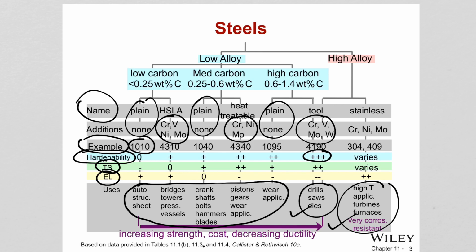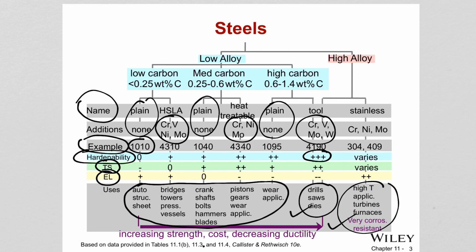As we move from left to right, we are seeing alloys with increasing strength, increasing cost, and decreasing ductility. So stainless steels or tool steels can be the strongest ones, but they will be costly, and increasing the strength also means decreasing the ductility.